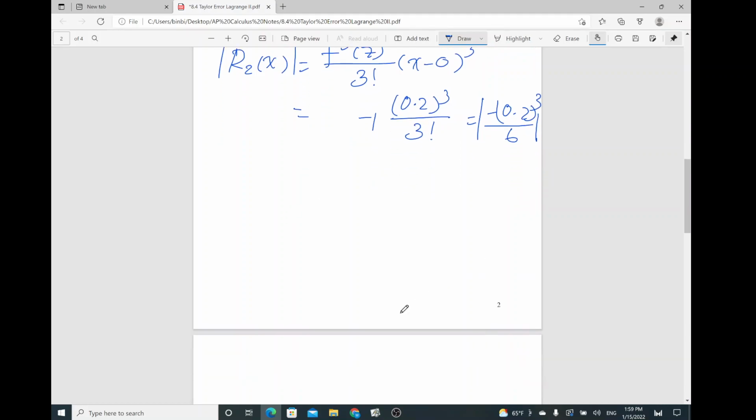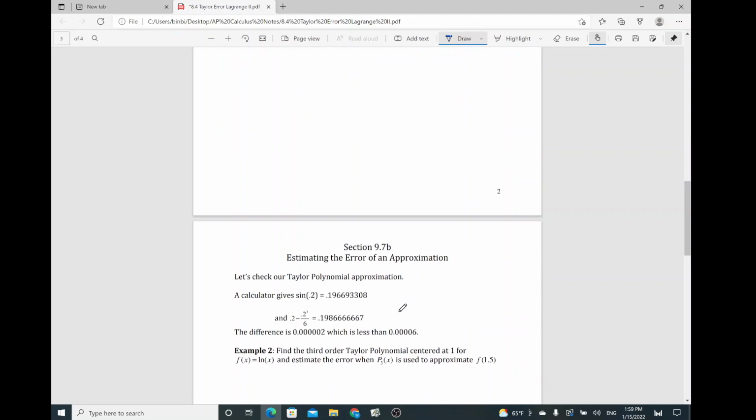Now let's see what else we have. Here's the analysis. Let's check our Taylor polynomial approximation. A calculator gives sine of 0.2 as about 0.196693308. And for the error that we found, -0.2 to the power of 3 over 6, by the time you subtract, you get the number 0.198666667.